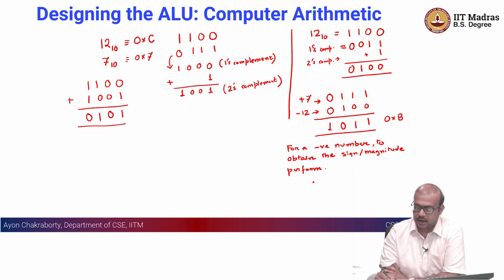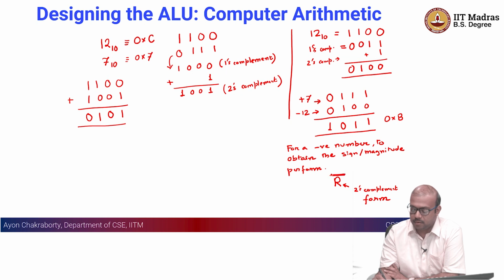So, the sign magnitude form, let us say I want to recover this value, and the result that I have gotten so far is R. So, this R is in 2's complement form. So, we have to do R inverse, or basically complement of R plus 1.